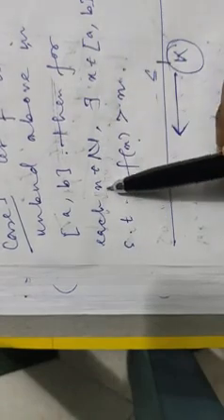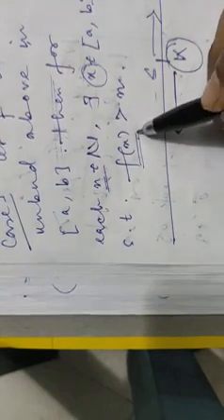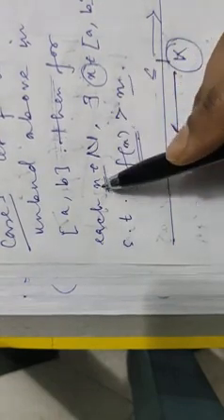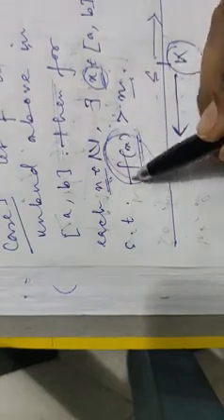But we cannot find such k when the function is unbounded above. That means whenever we choose any natural number n, there exists at least one x for which f(x) will be greater than n. Suppose you choose 100, then we will get some x such that f(x) is greater than 100. You choose 1000, then also we will get some x such that f(x) is greater than 1000. So for each natural number n, we will always get some x in the interval such that f(x) is greater than n.